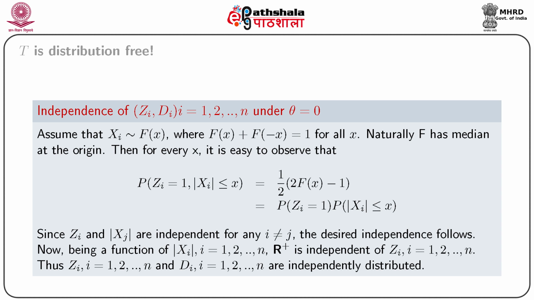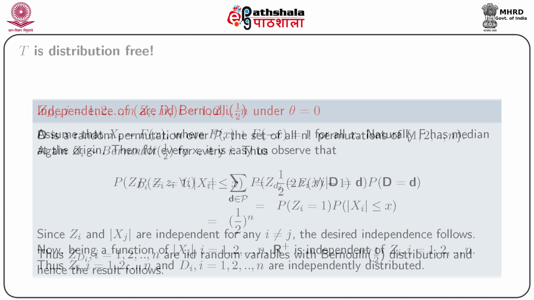Naturally, F has median at the origin. Then, for every x, we find the joint probability of Zi equal to 1 and modulus of Xi less than or equal to x as half into twice F(x) minus 1, which is again nothing but probability Zi equal to 1 multiplied by probability modulus of Xi less than or equal to x.